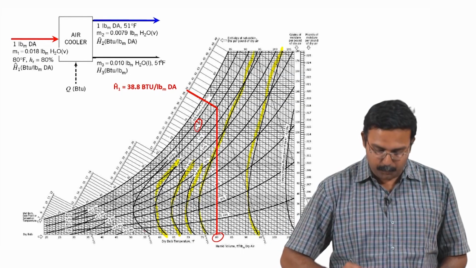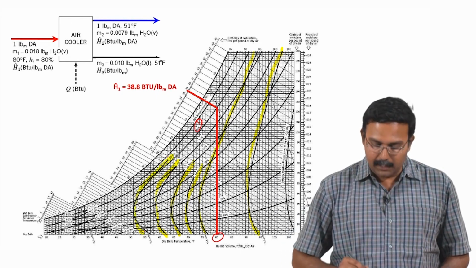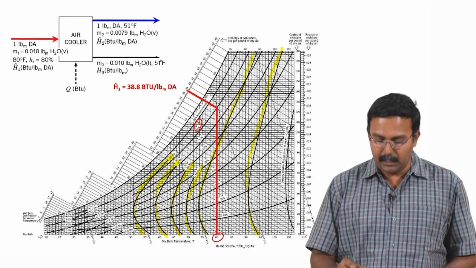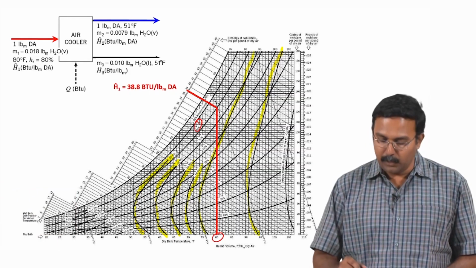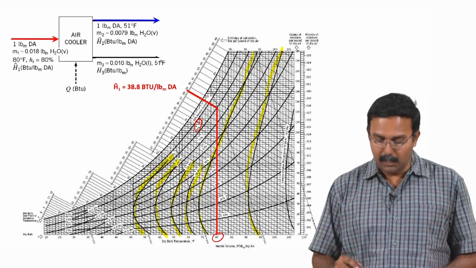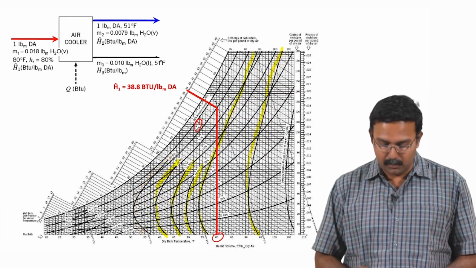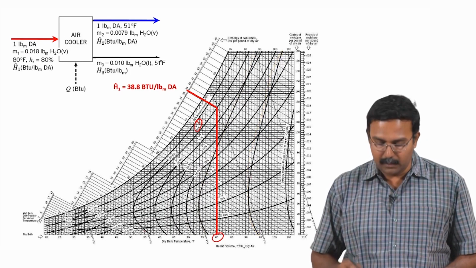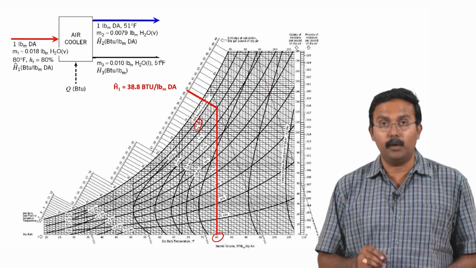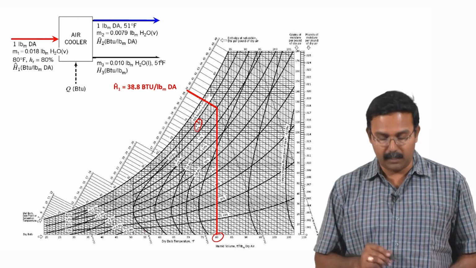So for the first few points it goes here, indicating that the enthalpy deviation for this region which we are looking at is probably very small, and hence we do not have to worry about enthalpy deviation, and whatever we are measuring here is good enough to look at. So that is what we have done. We have just looked at the value, which is 38.8 BTU per pound mass of dry air.